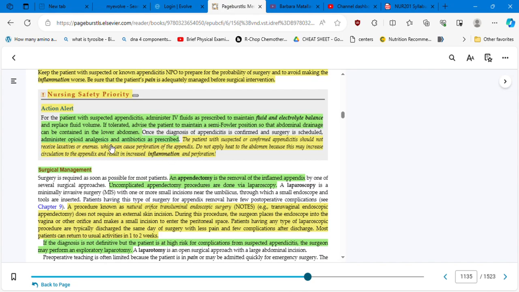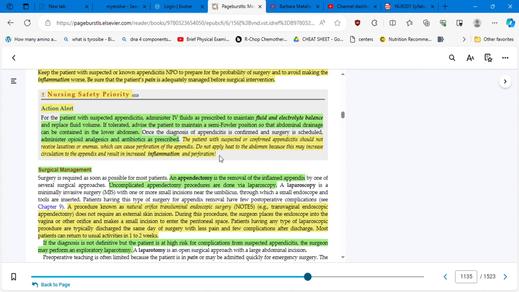Administer opioid analgesics and antibiotics as prescribed. The patient with suspected or confirmed appendicitis should not receive laxatives or enemas, which can cause perforation of the appendix. Do not apply heat to the abdomen because this may increase circulation to the appendix and result in increased inflammation and perforation.